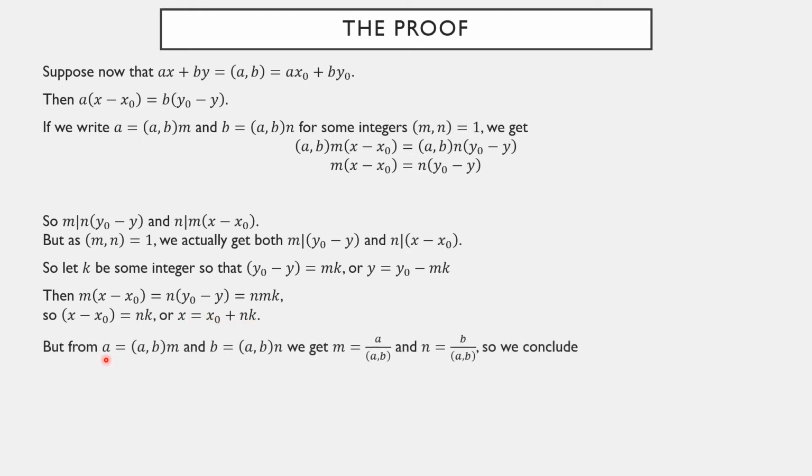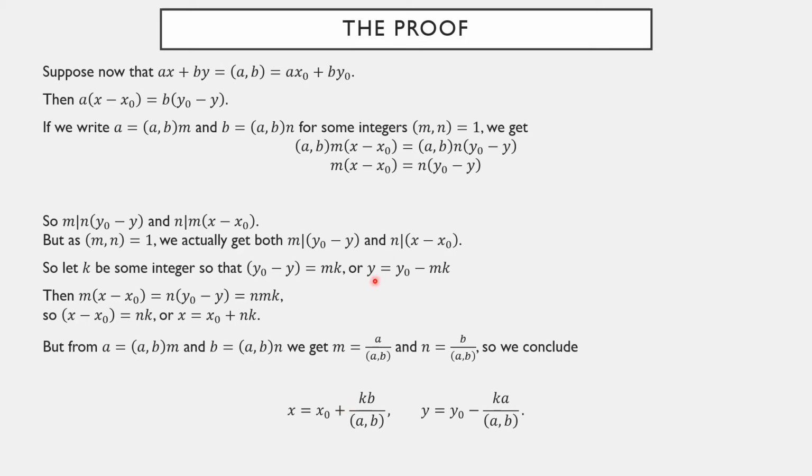From the fact that a was the GCD of a and b times m, and similarly for b, I can write m is equal to a over the GCD and n is equal to b over the GCD. So x is x naught plus nk, but n is b over the GCD, and I get that right there.